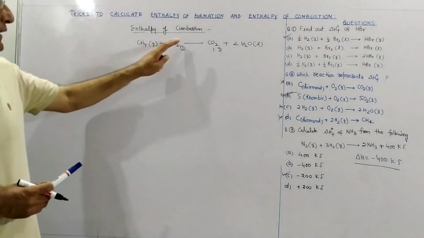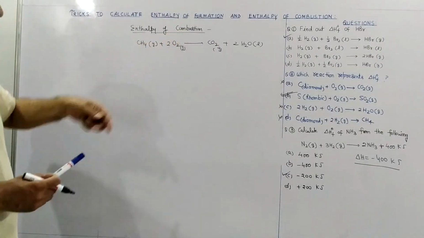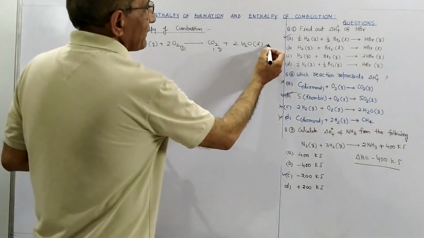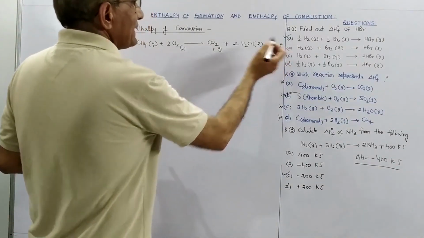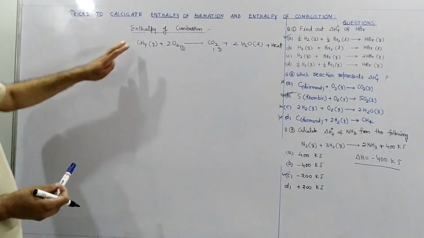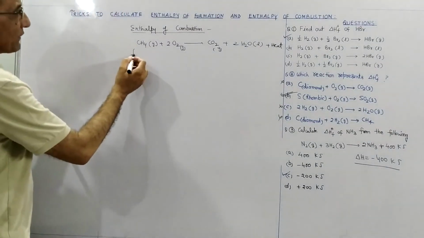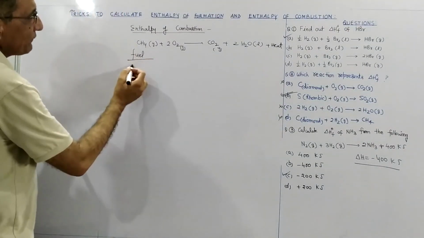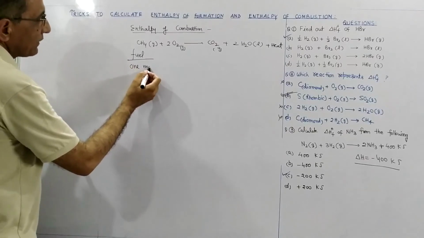So what is enthalpy of combustion? You can define it as the heat released, whatever heat we are getting here, when 1 mole of fuel, this is our fuel, 1 mole, is burned.